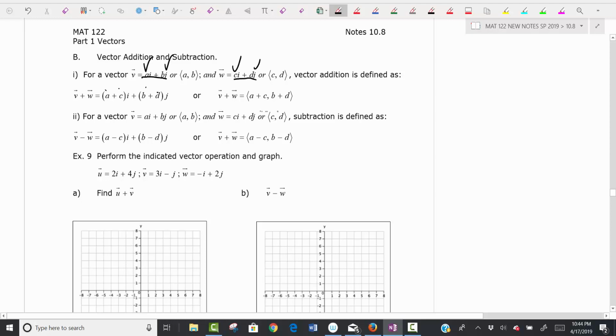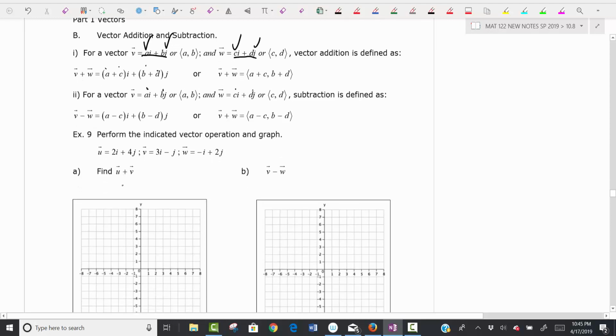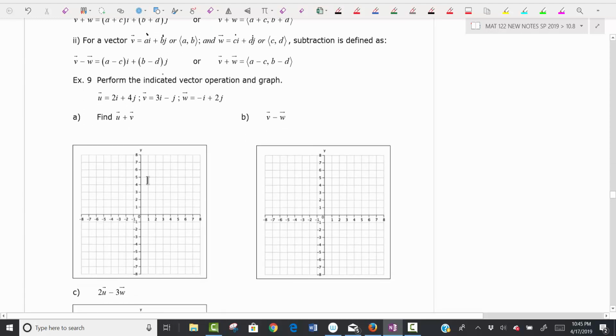You can write it in this form also. Same thing with vector subtraction, you just go a minus c, i, and then plus b minus d, j, like that. Real simple thing to do.